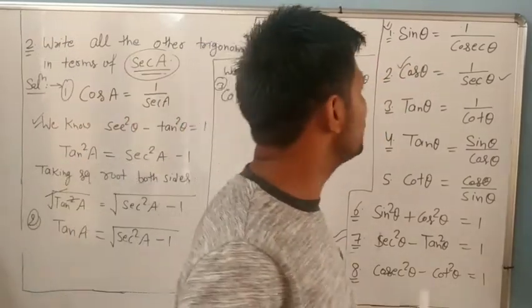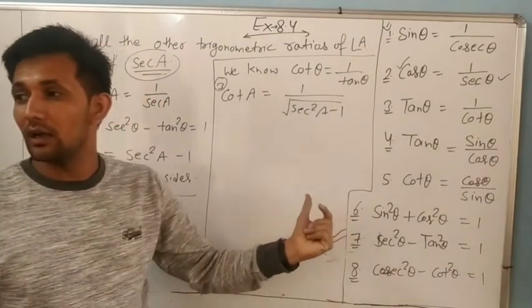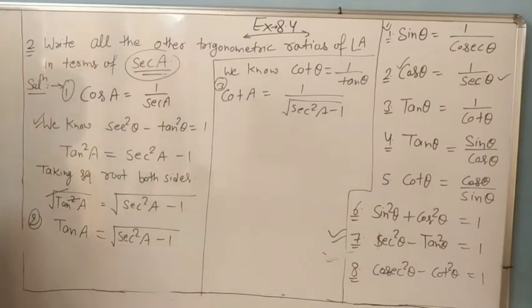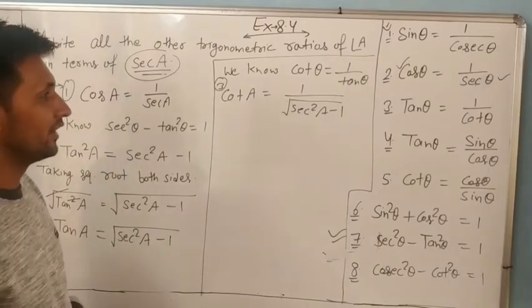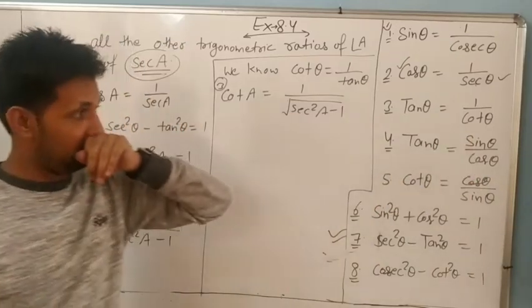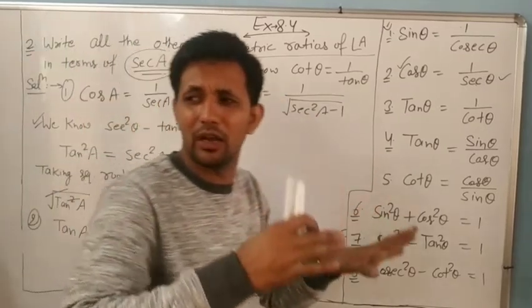So now we will use any one formula, dear, in which sine or sec, or cosec or sec formula is there. If we use this one, sine by cos, sine we don't know. But yes, any one formula you can take and you can find.